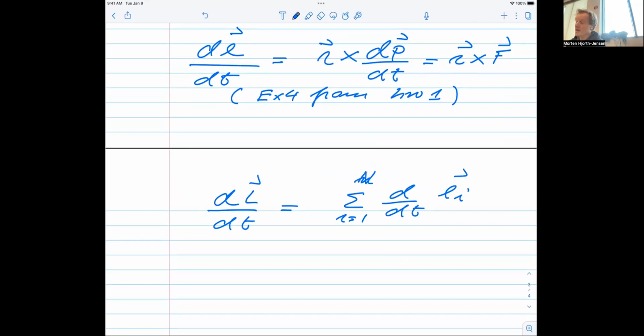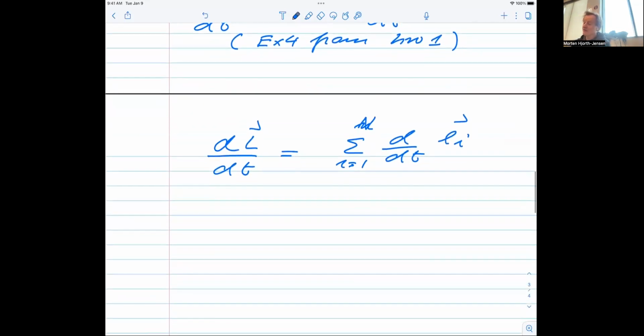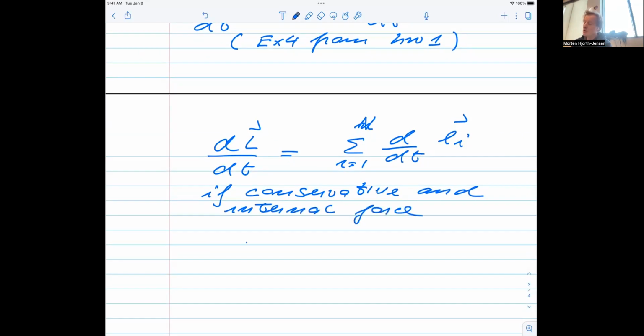So this should be an uppercase N. If we then have a conservative force, and this is what we showed last time, and internal forces only, then we found that this quantity dL/dt, which defines the torque, which is how much angular momentum changes as a function of time, was then equal to 0. So this is also one of the things which we showed last time. So I just wanted to repeat some of the key points from last time.